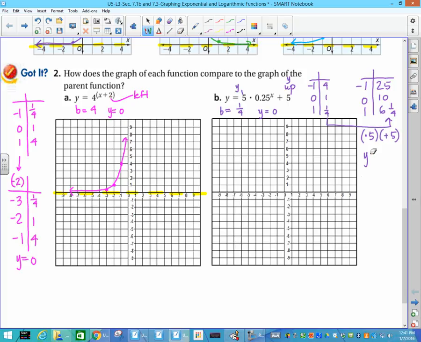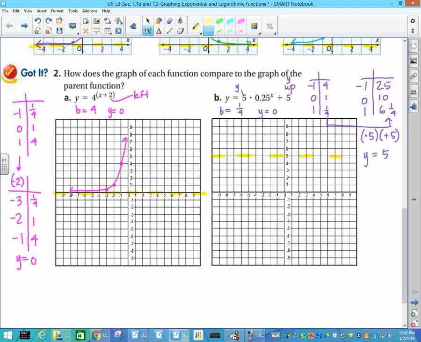Asymptote is y equals, I did these to the y values, so I have to do the same thing. 0 times 5 is 0, plus 5 is 5. So this is an example of one where we have a new asymptote, and our asymptote is at 5. That's pretty bad. See if I can make that better. A little cockeyed here. 5. There we go. All right.